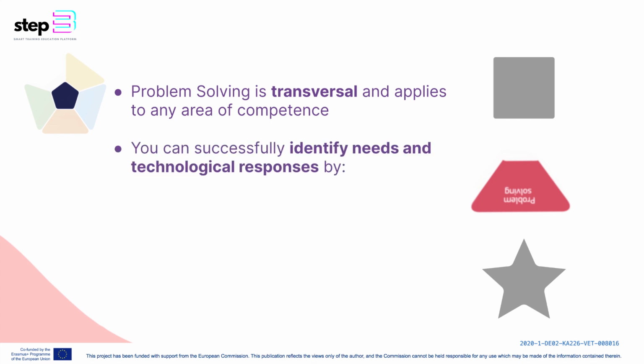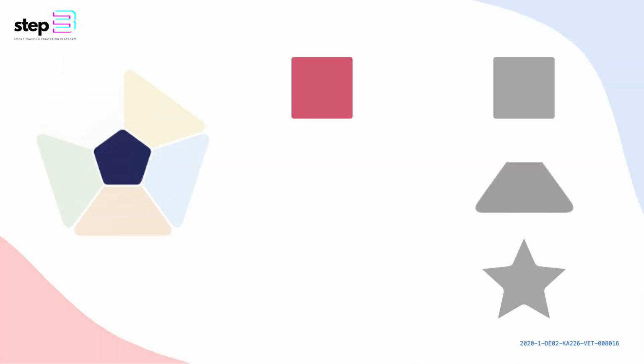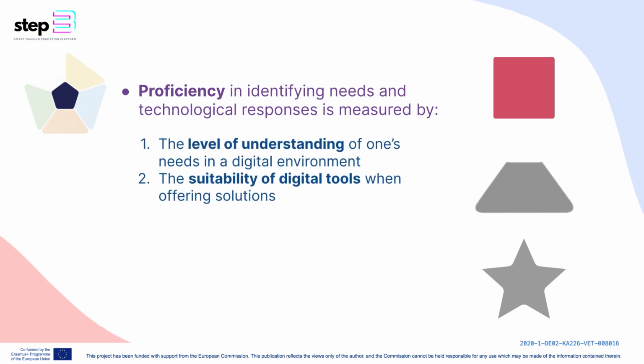You can successfully identify needs and technological responses by assessing the individual and collective needs of all students in the context of online lessons, and by using digital tools to address those needs and ameliorate harmful effects. Proficiency in identifying needs and technological responses is measured by the level of understanding of one's needs in a digital environment and the suitability of digital tools when offering solutions.